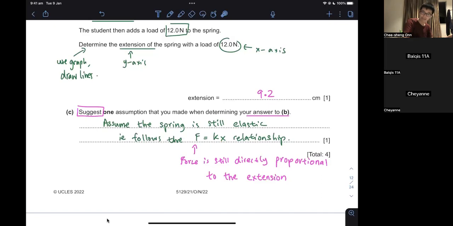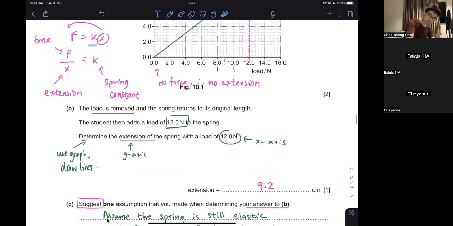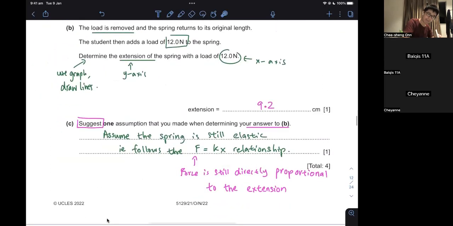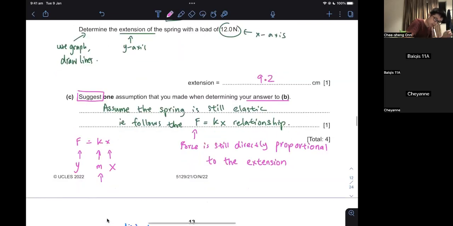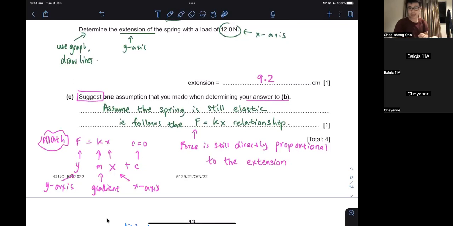So your y-intercept is 0, and this is y equal to mx. F equal to kx: this is your y, and this is your gradient. And then your c is equal to 0 because it cuts through the origin. This is your x-axis, and that is your y-axis. Again, this is in your mathematics. I'm not sure about IGCSE mathematics, but Cheyan, do you do y equal to mx plus c in IG mathematics? Yes. Okay, so you know about y equal to mx plus c then.